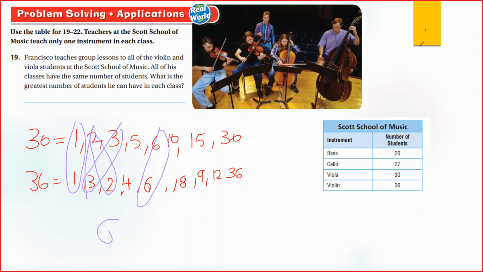So what is the greatest common factor? It's 6. So the greatest common factor for the number of students that they should put in each class is 6 students.